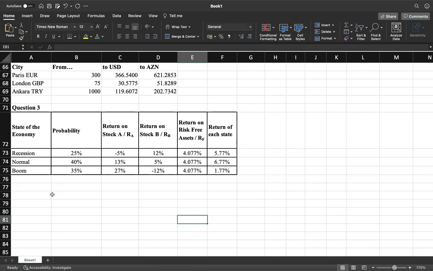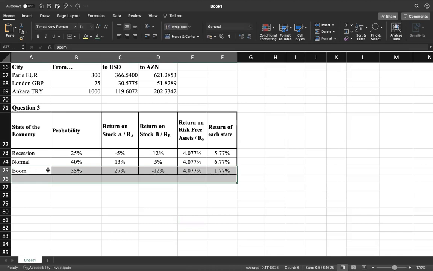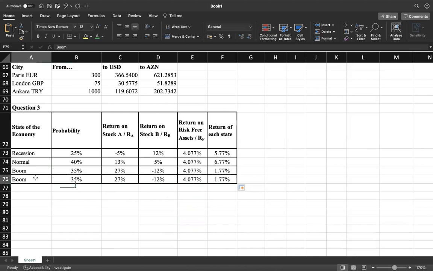Also, I can calculate the total return for each asset. So total return, I don't have any probability here.